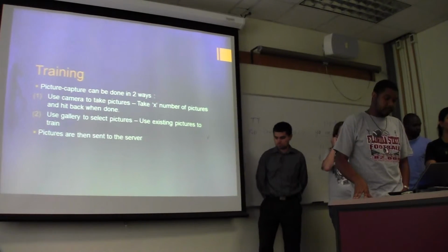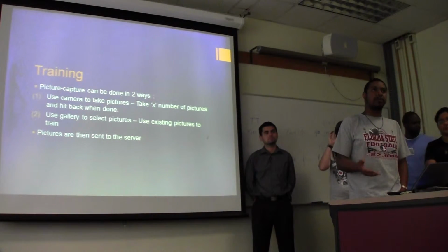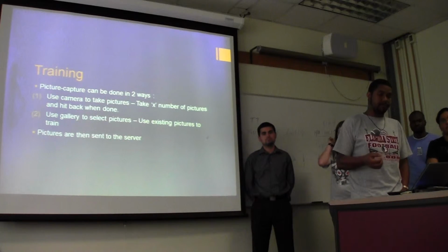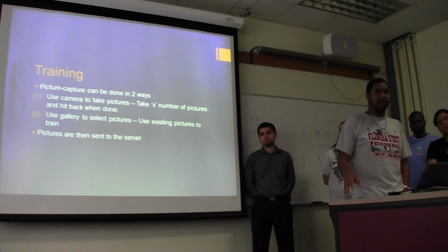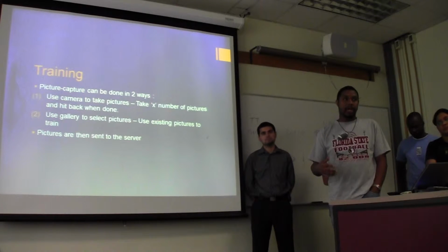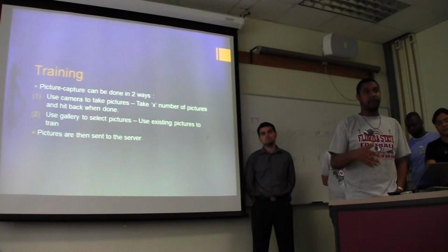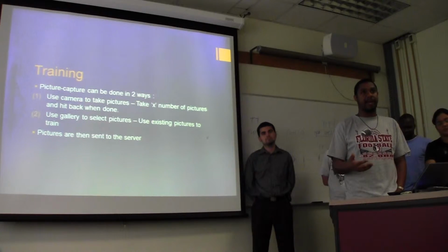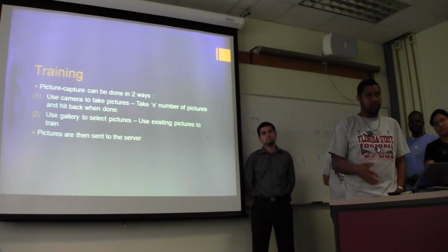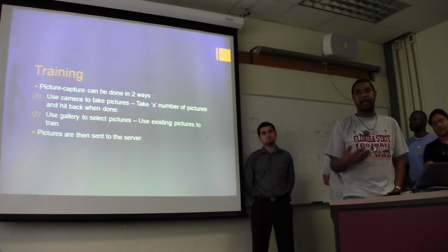What we allow the user to do is that you're required to take a specified number of images. Once you capture those, you go back and you're able to see the images you've captured and verify them. So if there's something wrong, for instance, one's blurry, you can delete it and replace it.